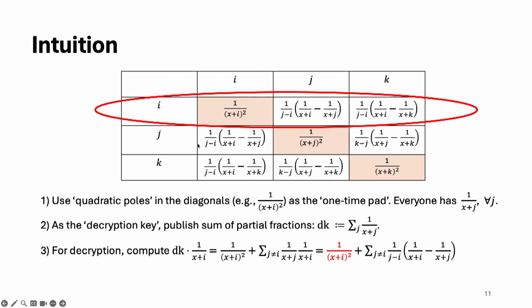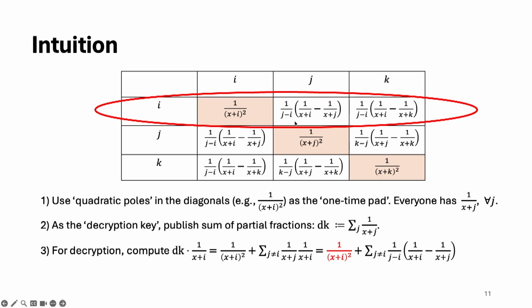We basically get a sum of all the terms in this matrix at the ith row. Let me repeat that. We have the decryption key that's a sum of partial fractions, 1 over x plus 1 plus 1 over x plus 2 plus 1 over x plus 3. You multiply with 1 over x plus 1. You basically get the sum of the terms at the ith row of this matrix.